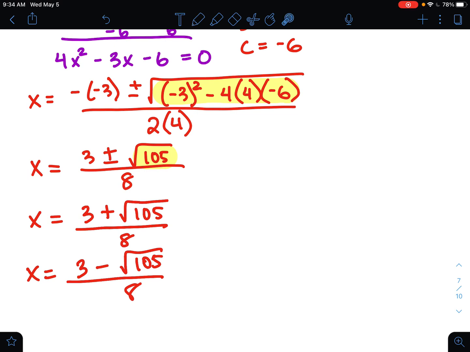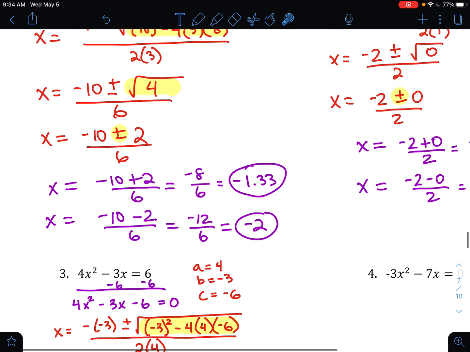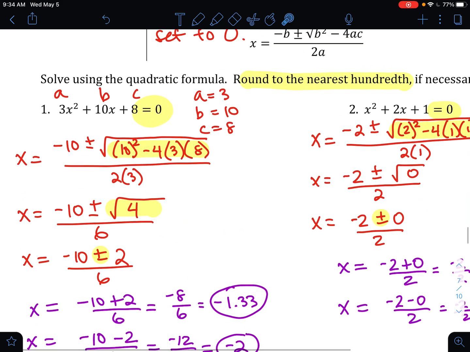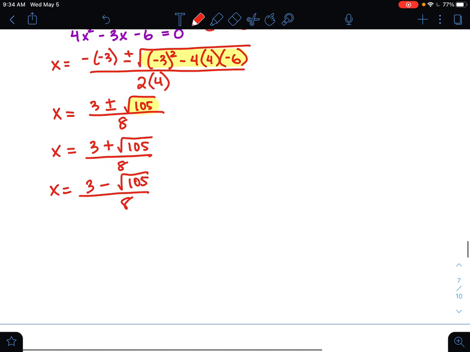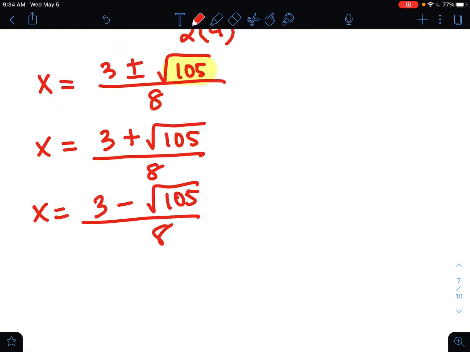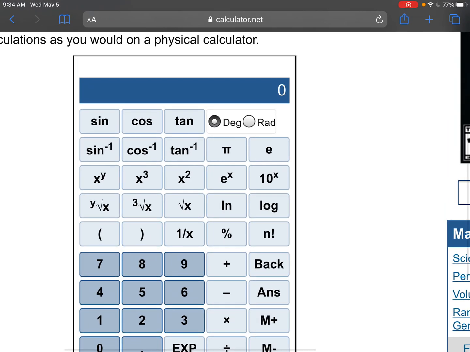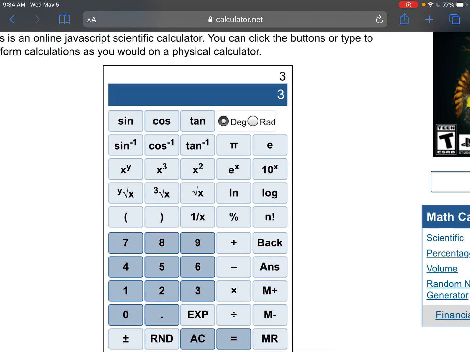And so here's how I want us to work this. I want to use my scientific calculator. I'm going to type 3 plus the square root of 105 and hit enter and then hit divided by 8. Because I need to ultimately, I'm going to go to the directions, round to the nearest hundredth. So I don't want to round several times. Okay, so 3 plus the square root of 105 divided by 8. So do the same thing on your calculator. 3 plus, there's the square root symbol, 105.